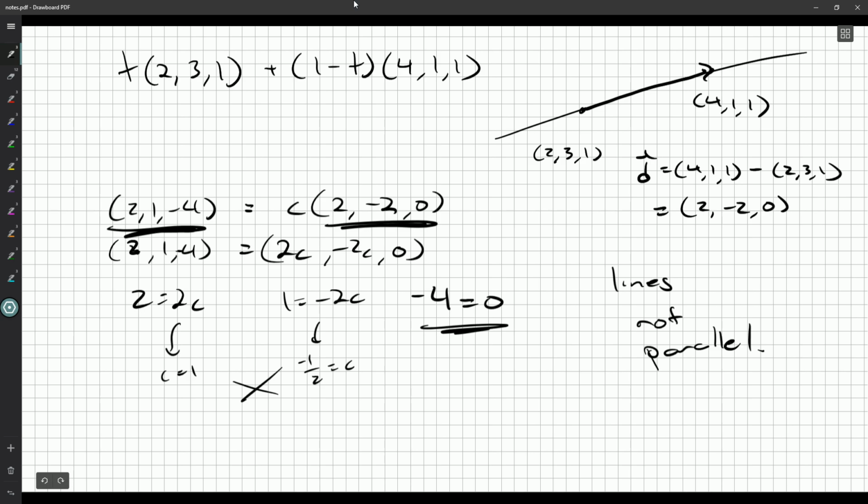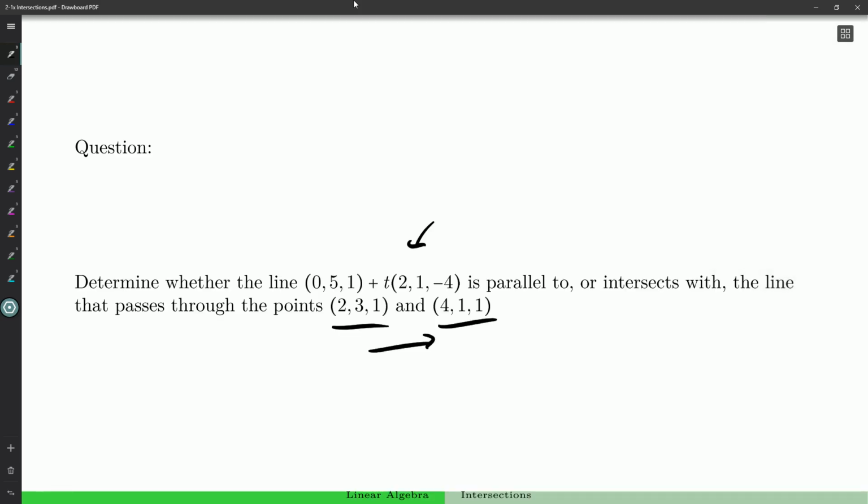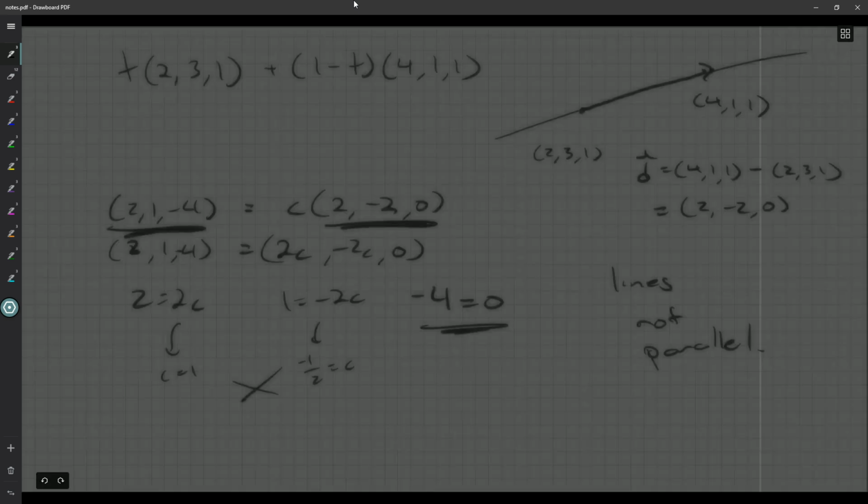So then one would assume that these lines are intersecting. So we could check, do they have an intersection point? Well, let's find that out.